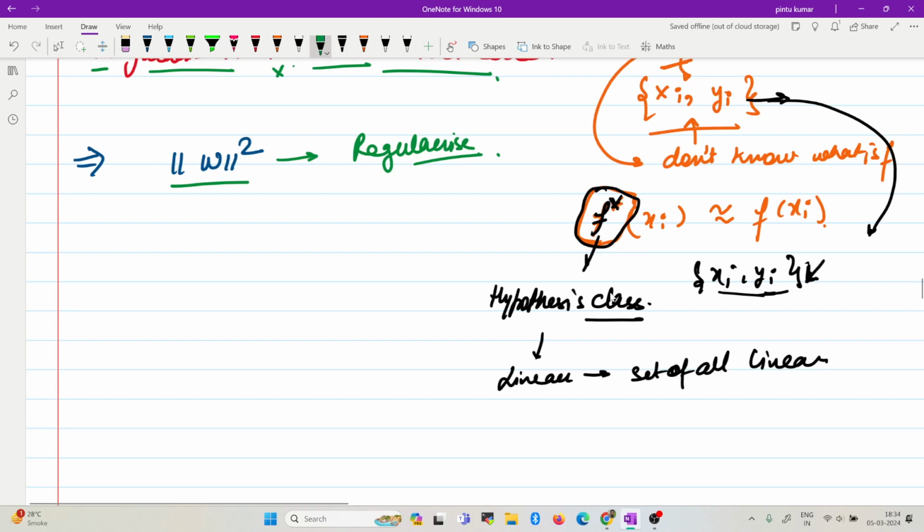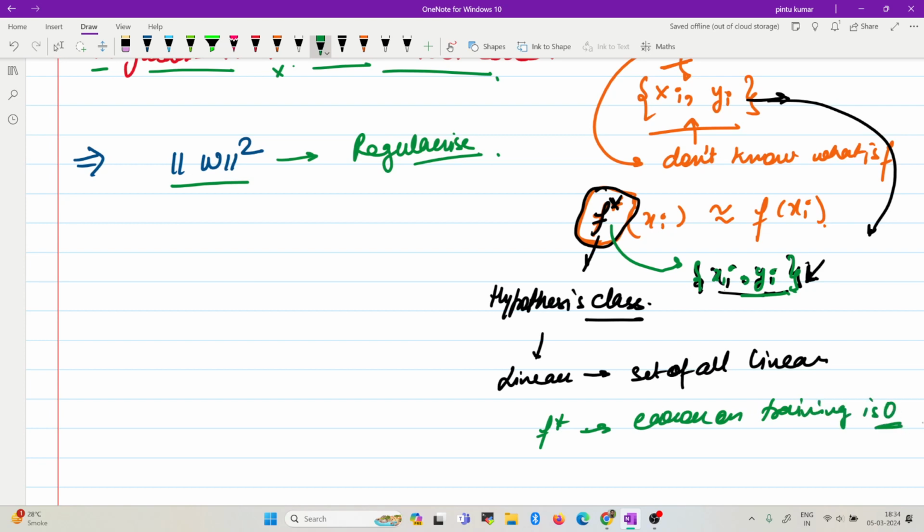But as I mentioned, the data set that we have available is slightly noisy. Now, if we allow f star to search over all possible functions, then it will definitely produce some f star so that the error on training is 0. But what we actually wanted is for the error on the true data set to be 0, not on the noisy data set.